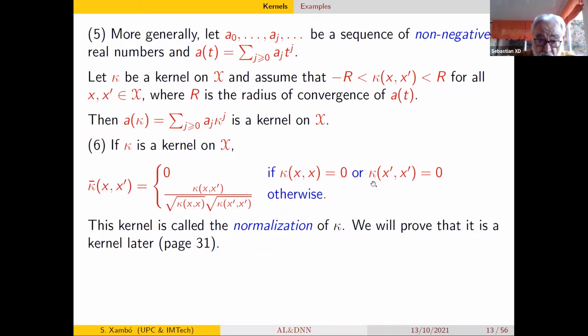Otherwise, if both are non-zero, you take a denominator with the square roots and kappa in the numerator, and this is the normalized kernel. We will see a proof of this later, on page 31.